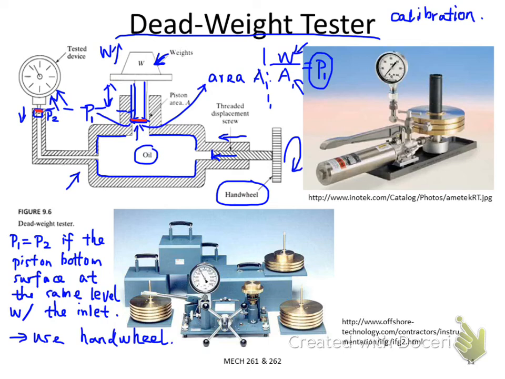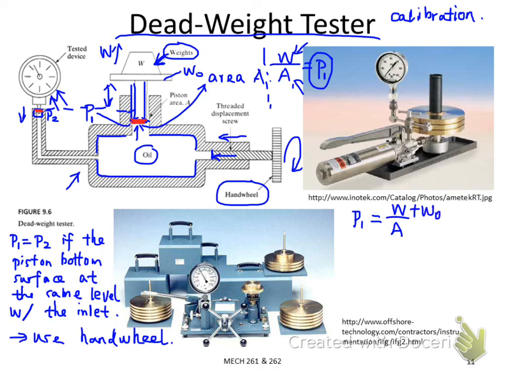Okay, so let me summarize the testing points of this dead weight tester. You need to know how to calculate the pressure P1 at the bottom interface here. P1 is just equal to W divided by A. W is the weight here, and if the piston also has a weight, let's say it's W0, we also need to add the piston weight.